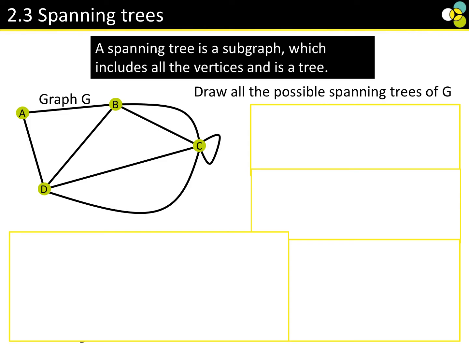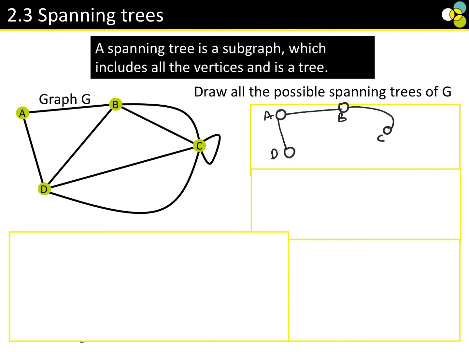All the possible spanning trees of G: we always start with all the nodes, so we have A, B, C, D. As long as they're connected using the routes that we have, for example, A and B, B and C. And then we could have A, D, D, C. No, that doesn't make any sense. No, there we go. Right, A, D, B, C. This is a spanning tree.